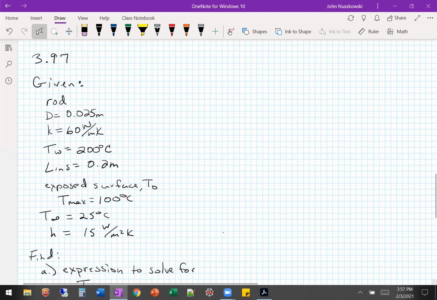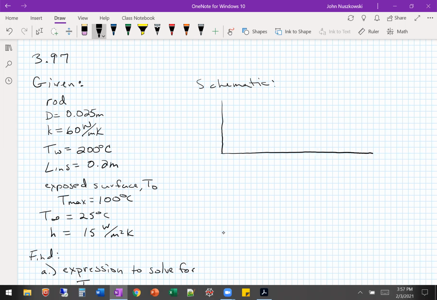Looking at a schematic. So here's our furnace.